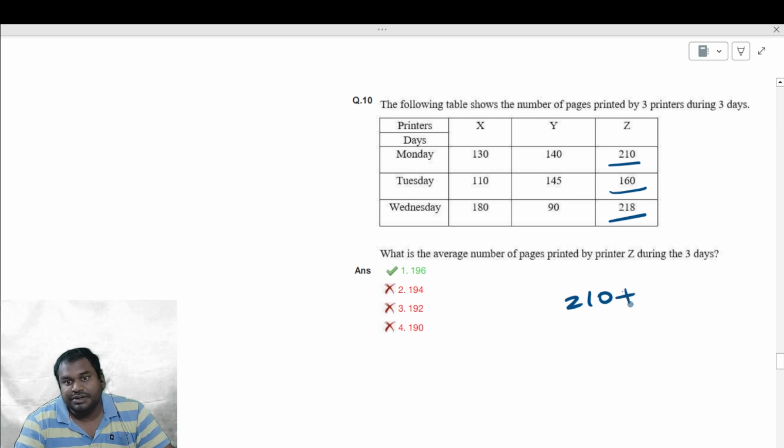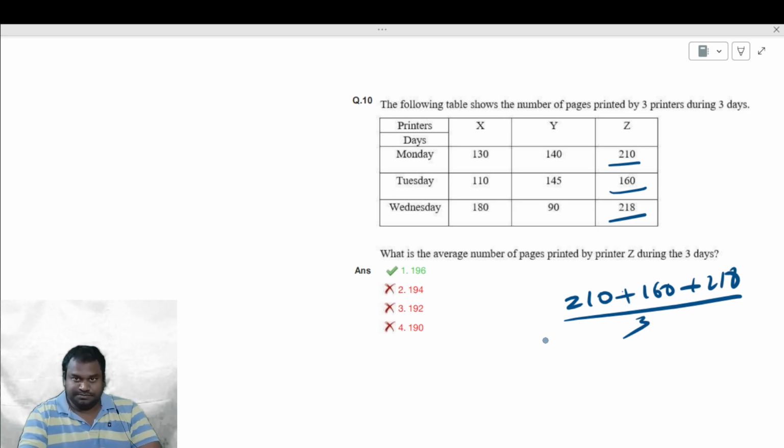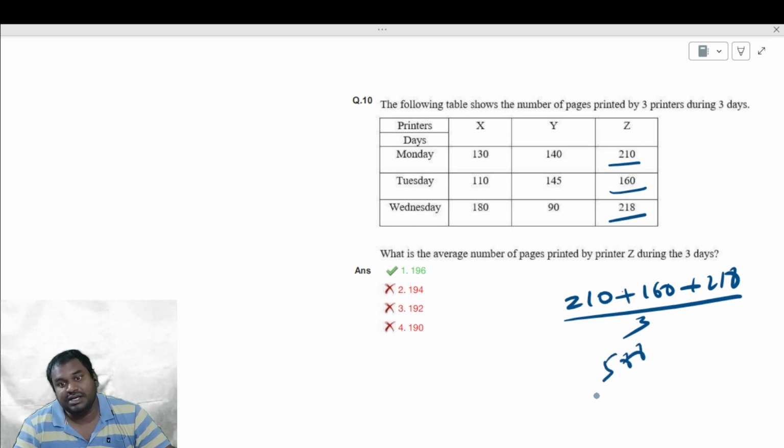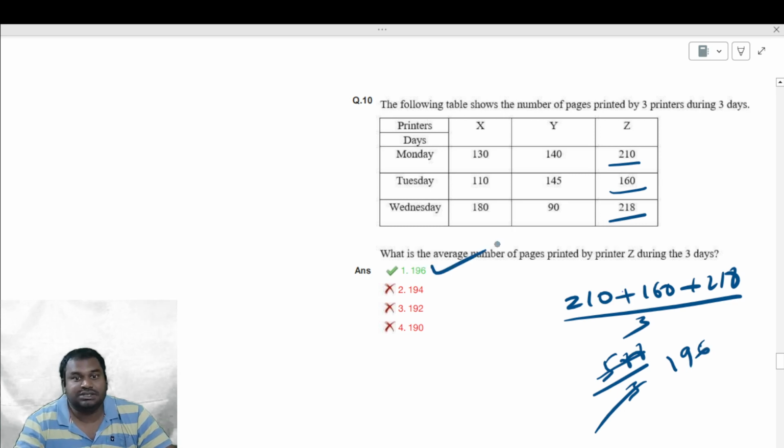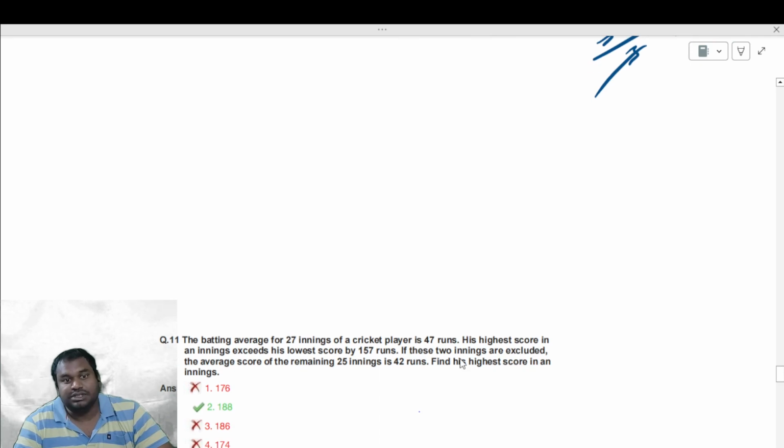Sum divided by number, so divided by 3. 200, 200, 100, 500, 60, 78, 578, 588. 588 divided by 3. 3 ones are 20, 29, 27, 36, 196. Answer. Simple question. Sometimes you will get easy questions also like this.